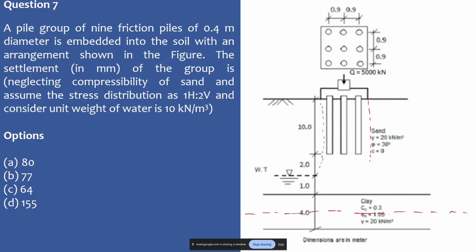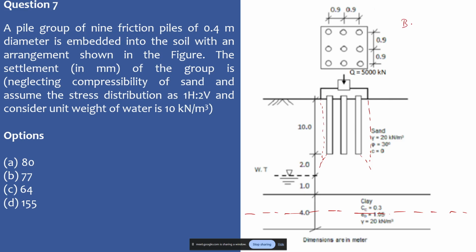This is 0.9 again, and this is also 0.9. Oh sorry, since we need to see the projection, we take the diameter.